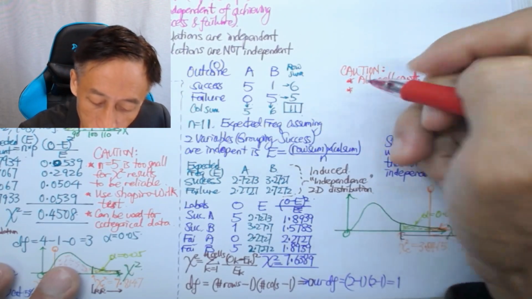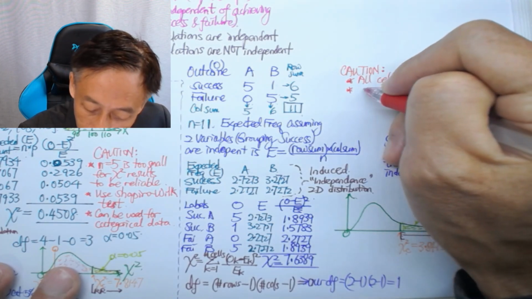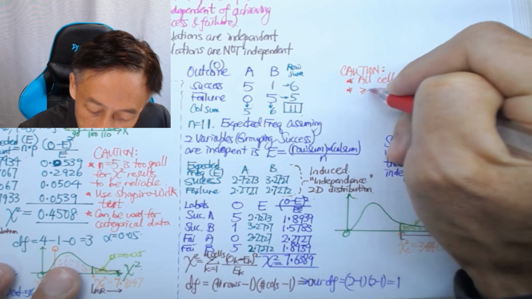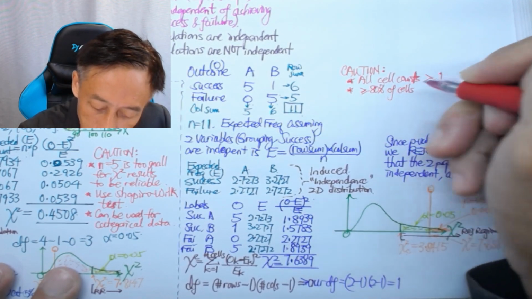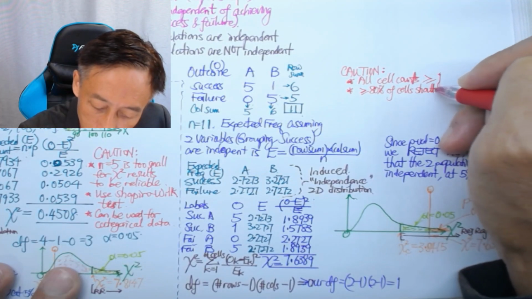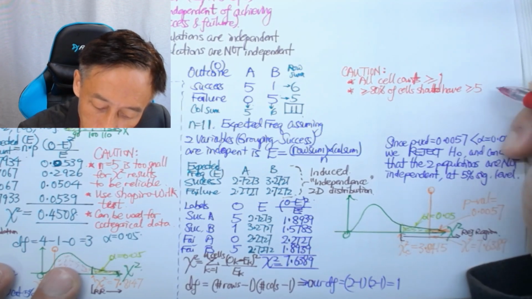Then you want to have at least 80% of cells having greater or equal to 5 counts.